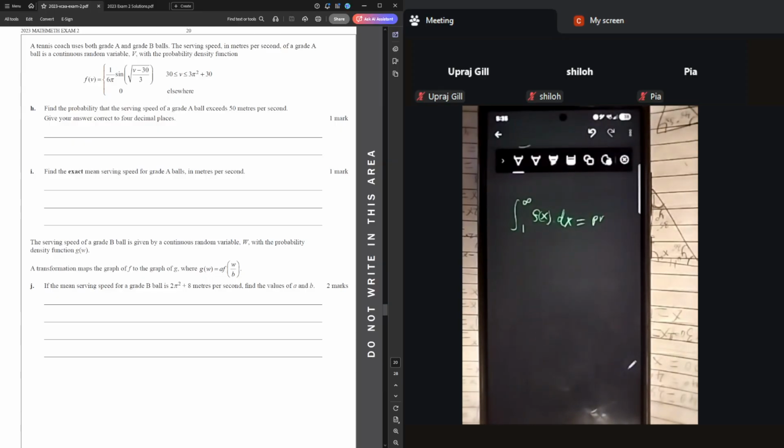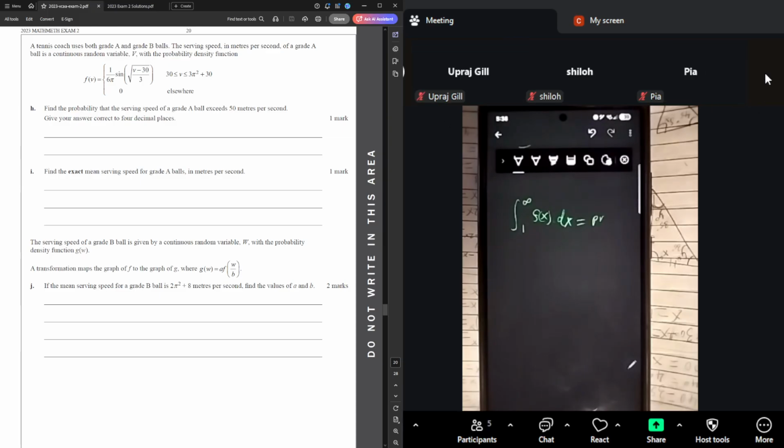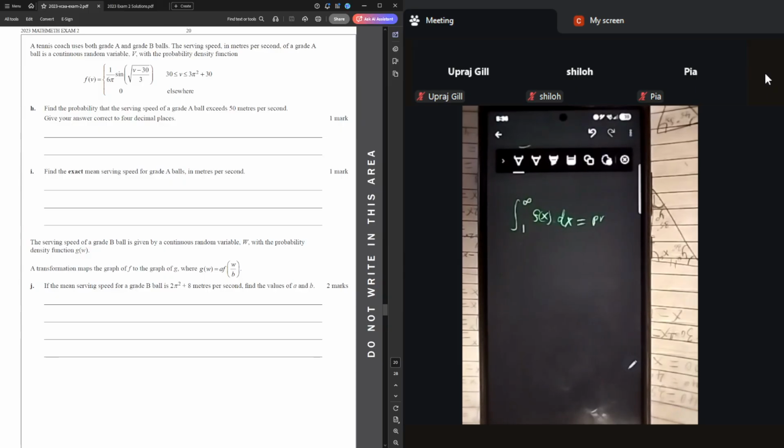Lower and upper bound, correct. Yeah. What do we have to do as our lower and upper? 3 pi squared plus 30.